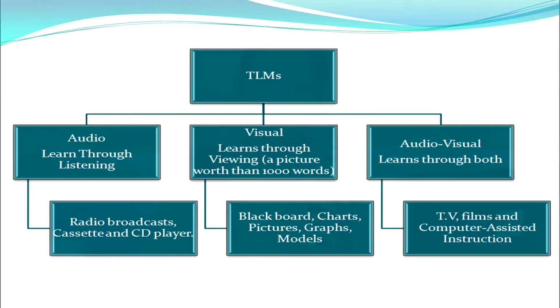Now the teaching learning material can be divided into three categories: audio, visual and audiovisual. Audio means where the learner can learn through listening. For example, suppose we want to improve the pronunciation of children, then we can play cassettes to correct their pronunciation, and some dialogues and speeches can be played through cassette and CD player.